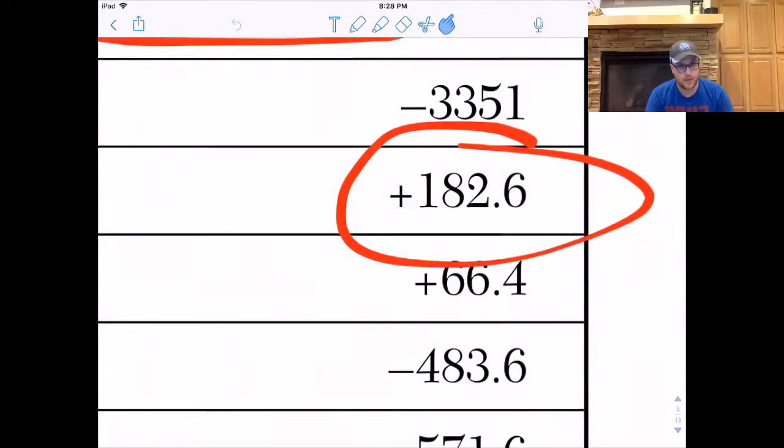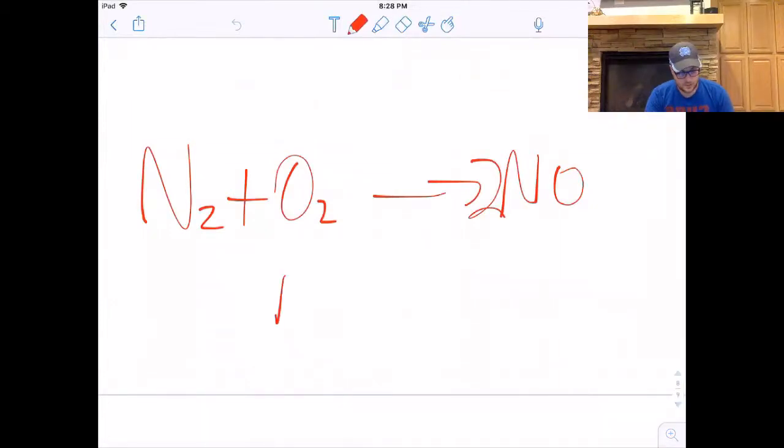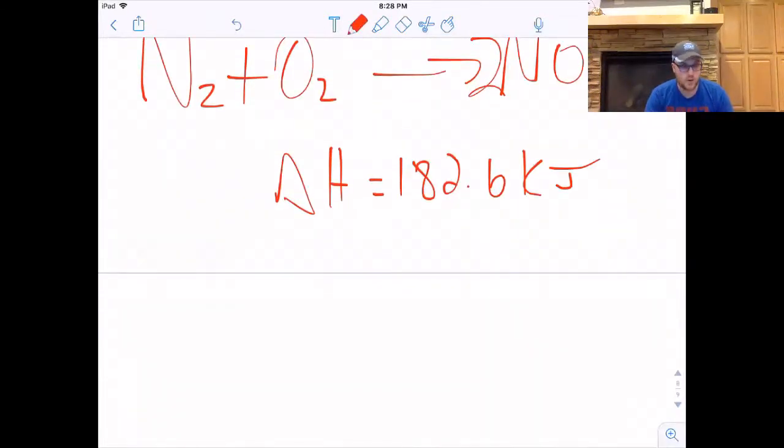So your delta H is 182.6 kilojoules. I think those units were kilojoules. Meaning if we were to add that to the reaction, that 182.6 would be entering the reaction. Part of the reactants. That heat is going in.